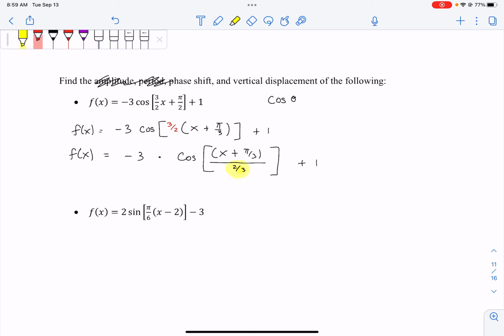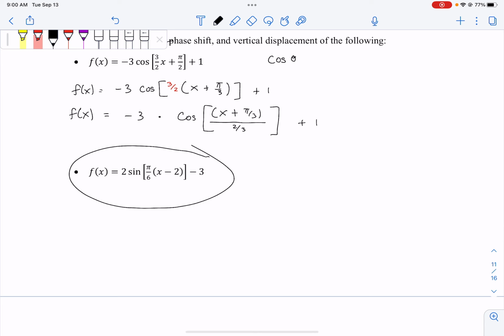Then we have a horizontal compression by 2/3. We're moving to the left by pi over 3, and then we are moving up by 1. You can do this as an exercise if you want, but because the video is going to get a bit too long if I demonstrate this, I'm just going to leave it as an exercise for you.